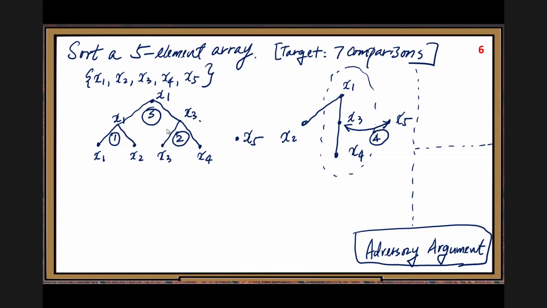So we keep the original part, x1, x2, x3, x4, x5 is here, greater than x3. Another, less than x3. So I draw this one.